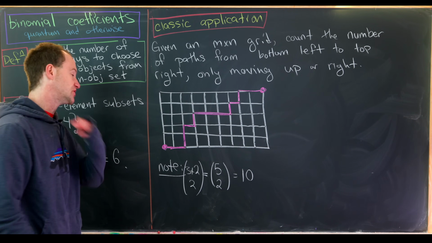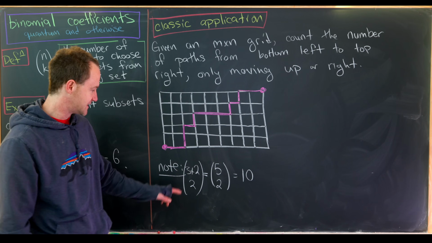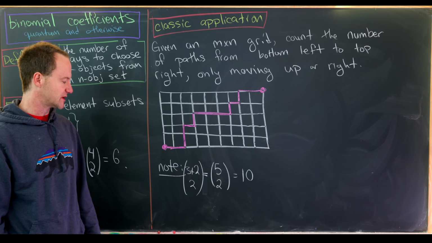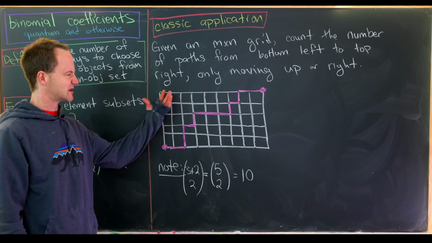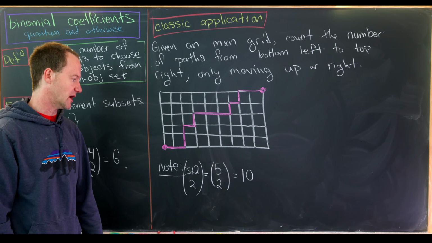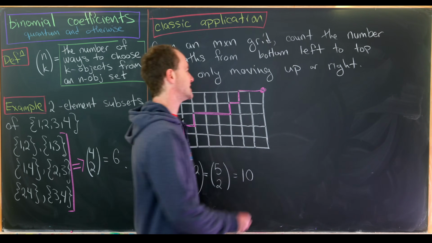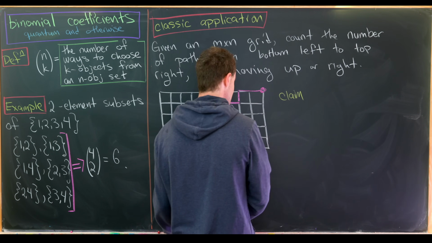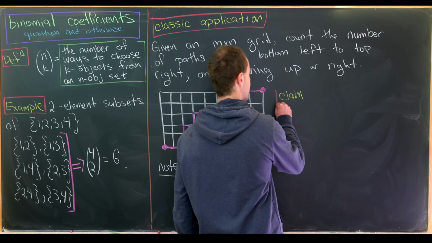So in a 3 by 2 grid, the number of paths is 3 plus 2 choose 2, which is the same as 3 plus 2 choose 3. So this is like symmetric about some sort of flip. And that really sets us up for the following claim, which actually has a very, very simple proof.